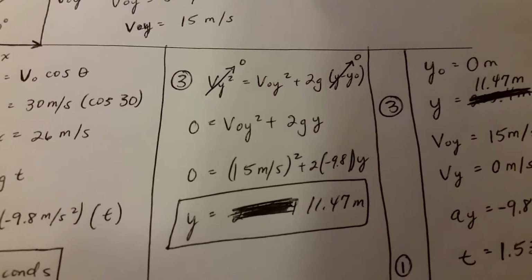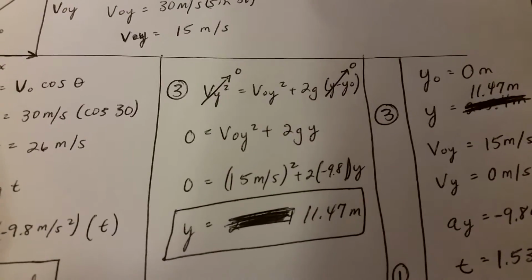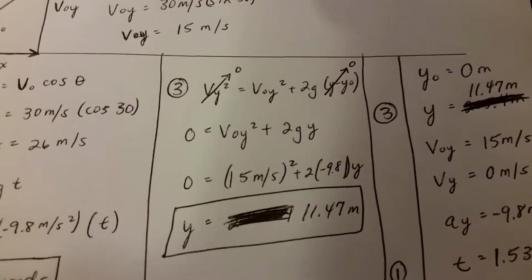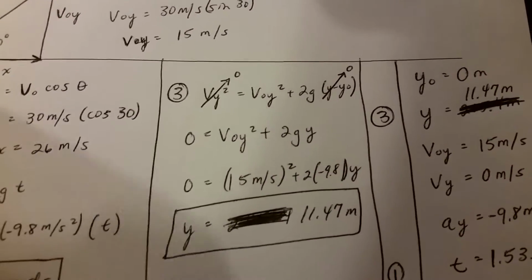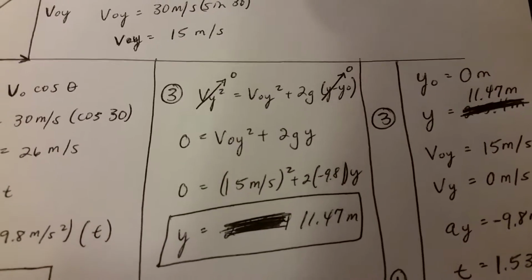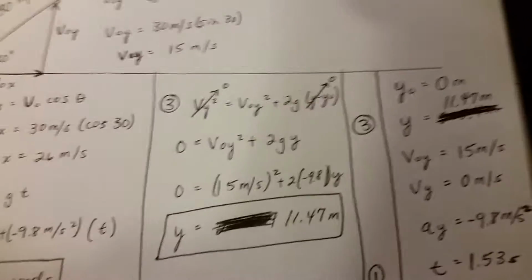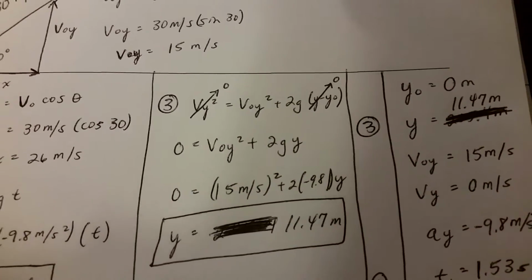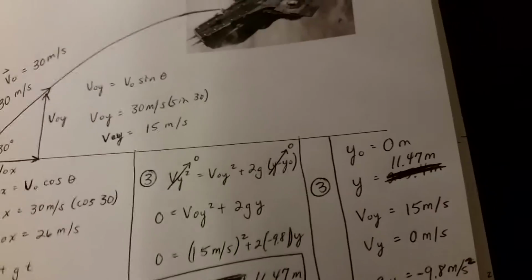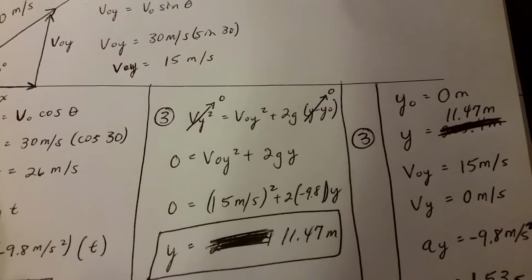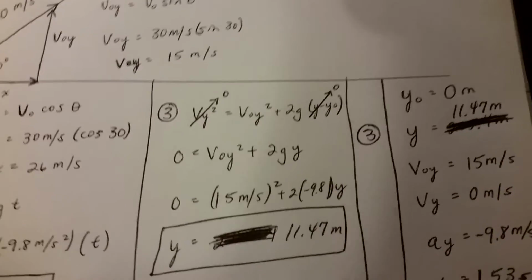So we're going to have v final y squared equals v initial y squared plus 2 times the gravity times y final minus y initial. Well, we know that y initial is 0, so that's going to go to 0.